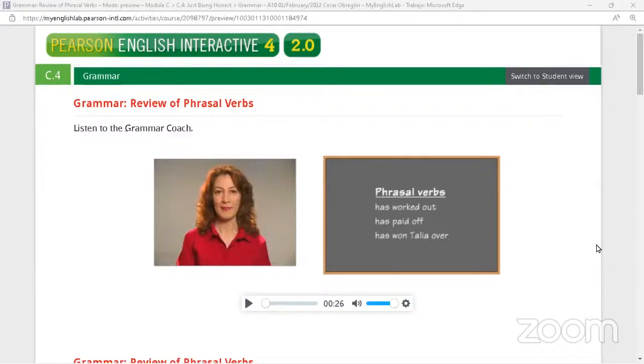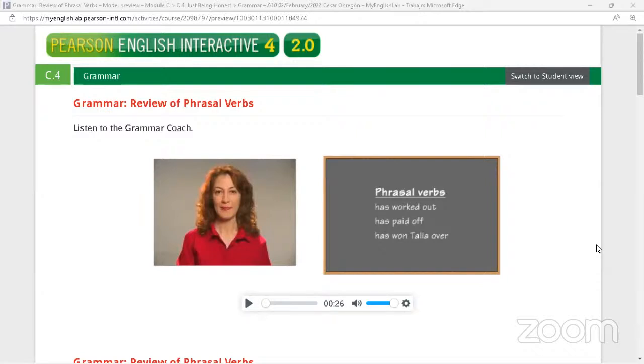No. We have separable and inseparable phrasal verbs. Okay. Do you remember when to use each? No, I don't remember.